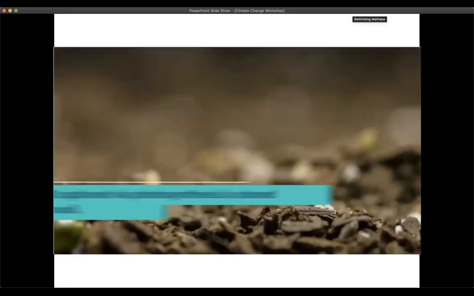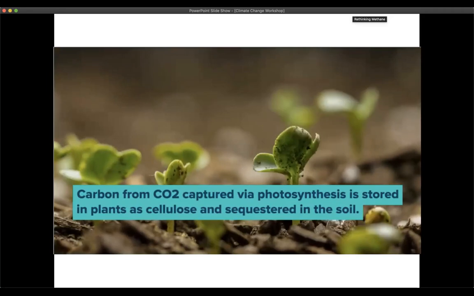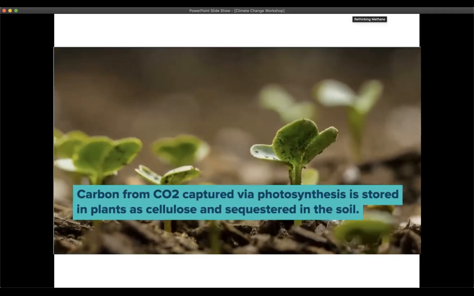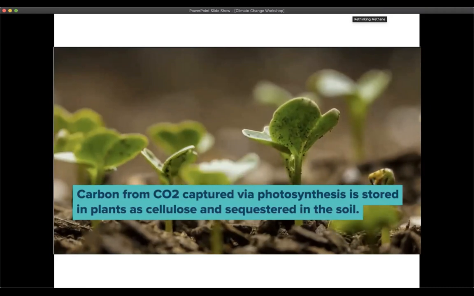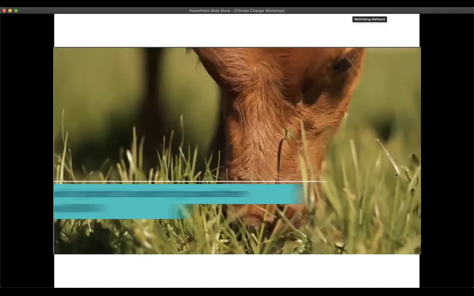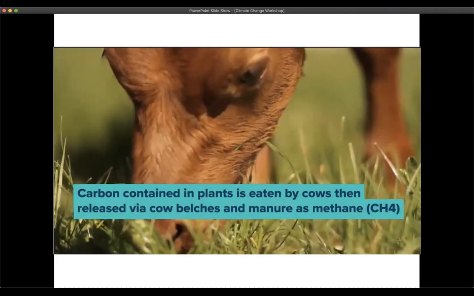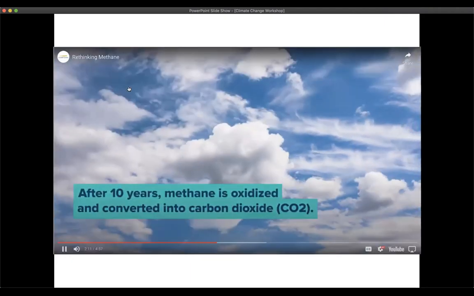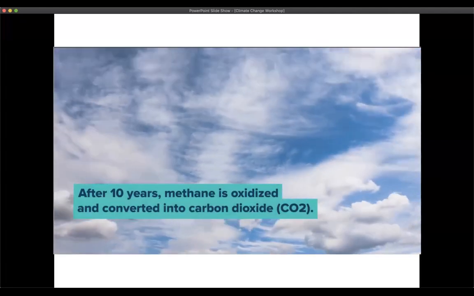As part of photosynthesis, plants capture carbon dioxide from the atmosphere, absorbing the carbon and releasing the oxygen. That carbon is converted into carbohydrates in the plant, which is then consumed by a cow where it's digested and released from the cow as methane. After 10 years in the atmosphere, that methane is broken down and converted back into carbon dioxide.